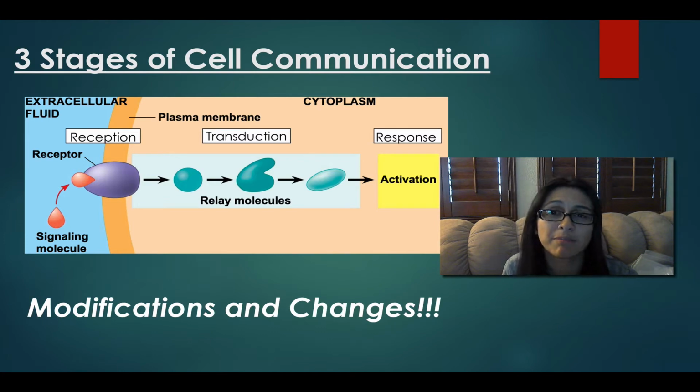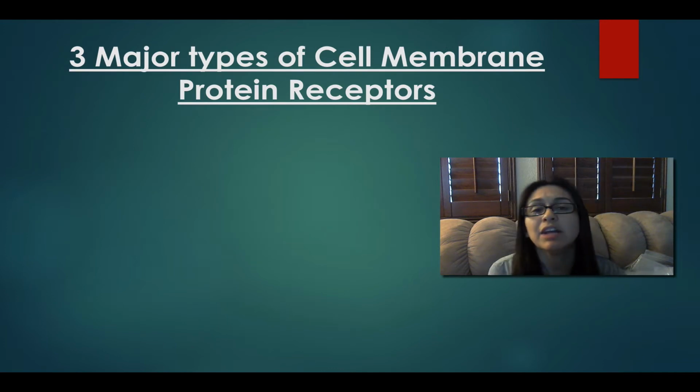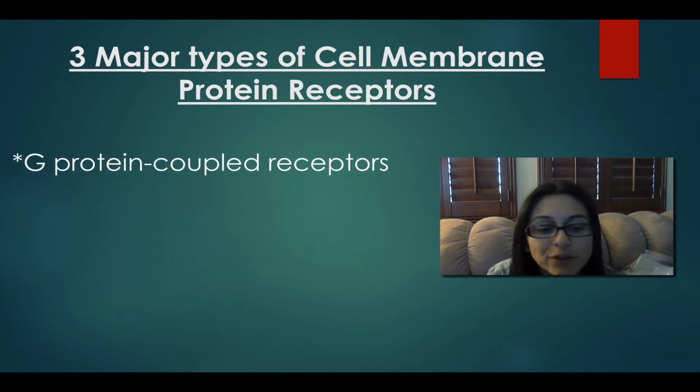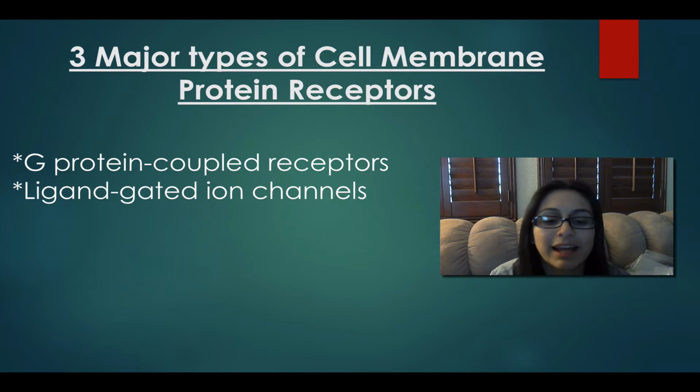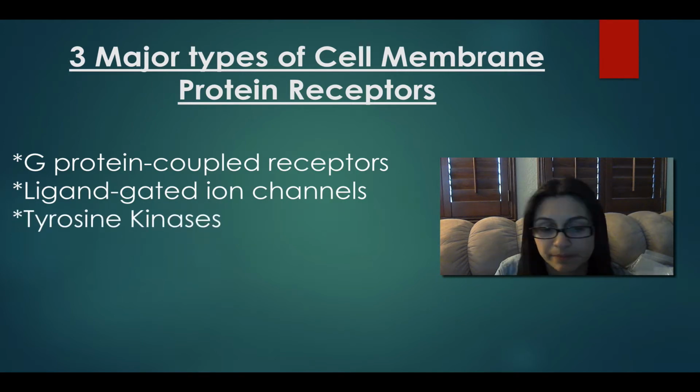So it's a series of modifications and changes that activate molecules and pass on those changes one after another until finally something happens within the cell. So there are going to be three major types of protein receptors that we're going to take a look at here. First we have G protein coupled receptors, ligand-gated ion channels, and tyrosine kinases.